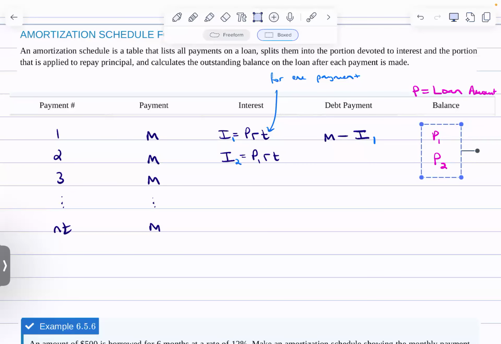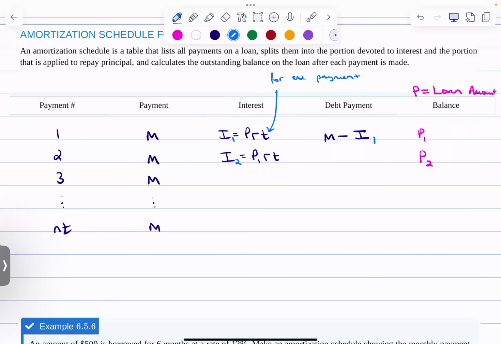P1 is going to be P minus M minus I1. But notice that's just whatever value you found here. And for P2, it's going to be the previous balance, P1, minus M minus I2, and so on and so forth.